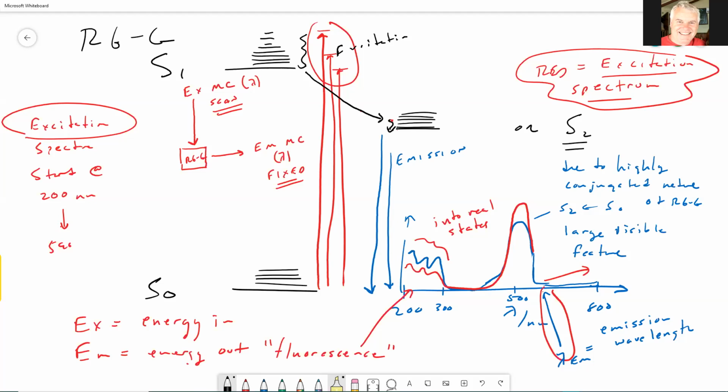The light that we collect here, are these the exact same photons that went in to do the excitation? Or are these newly created photons? I think they are the same photons, but they just have lower intensity.